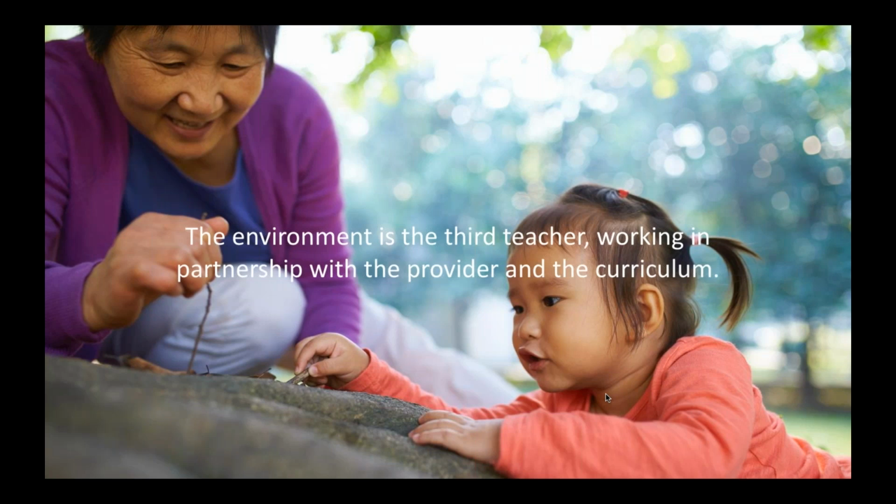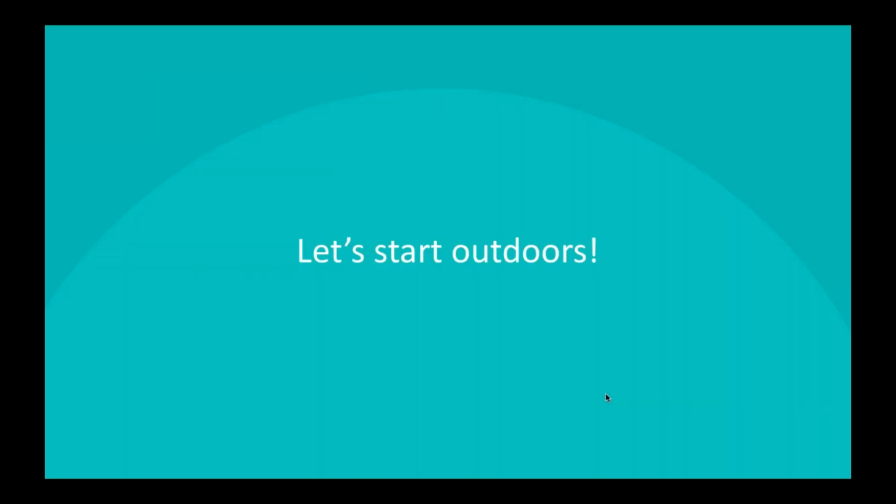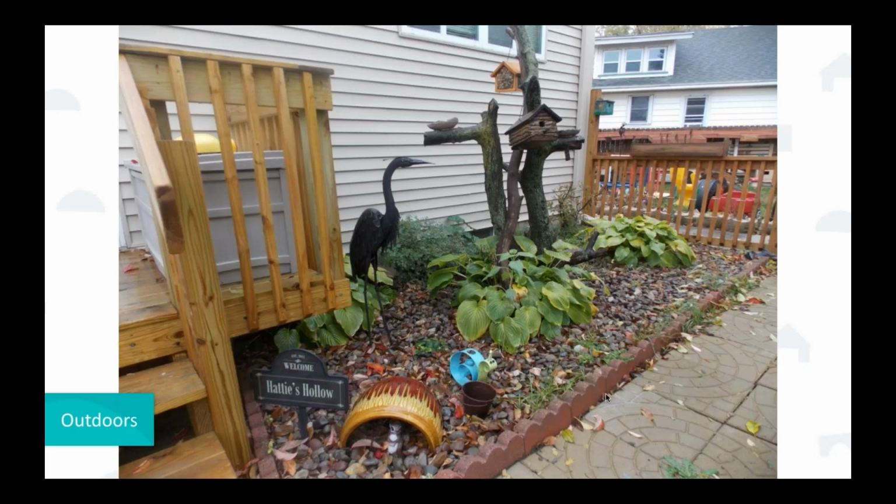So let's go to the first slide, where we're entering this family child care provider's home. The first thing you see here is what I think is a whimsical introduction. It is child level, and as the children arrive, the steps to the left take them into the building, and the walkway to the right takes them into the outdoor play area.